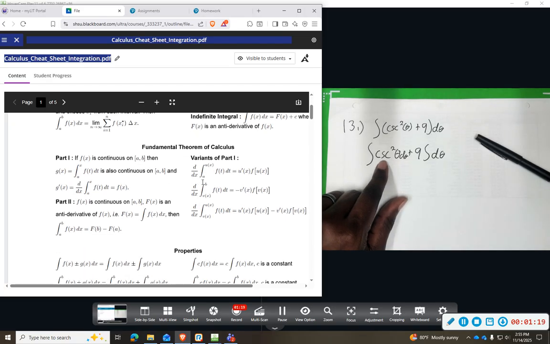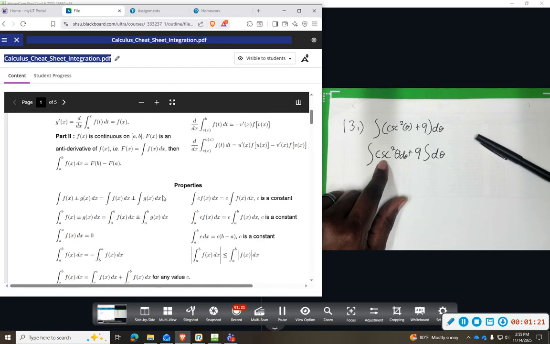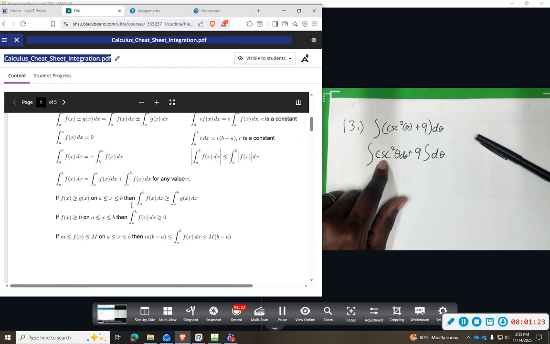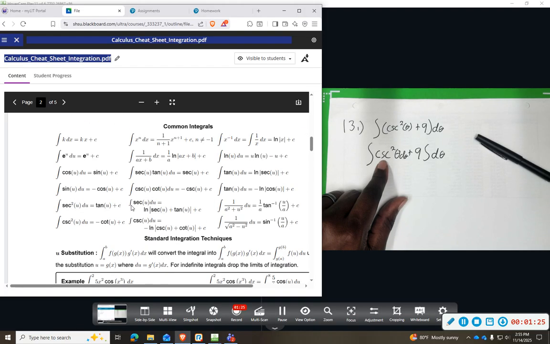So first we have a few rules, and then we get to the trig and transcendental functions. Got E, got cosine, secant, tangent. Got secant squared, secant.